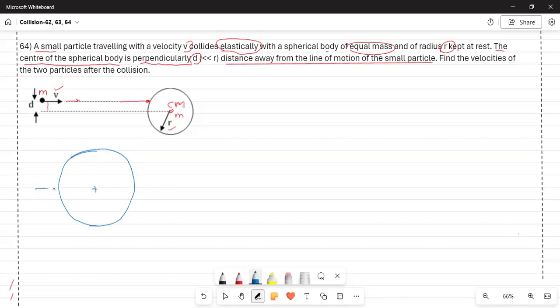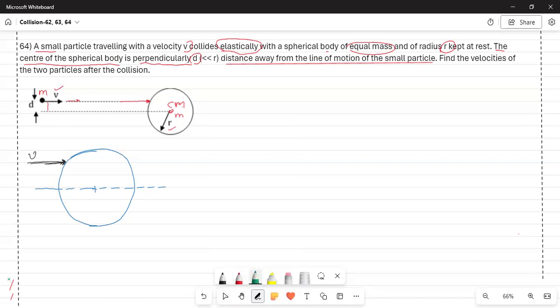Now, this is the center line, and the small body, I make an exaggerated diagram, say came and hit here with a velocity v. Now, this velocity v will have two components.